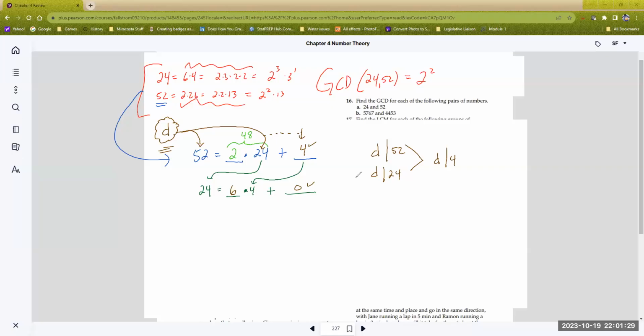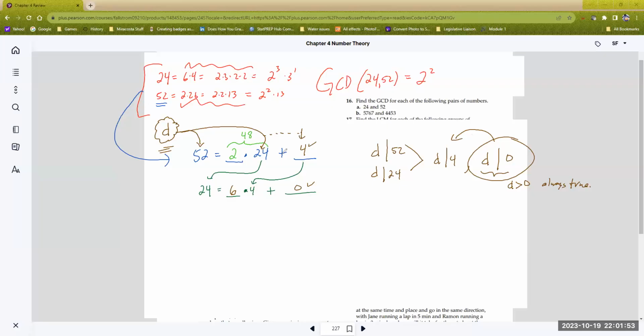And then our last little piece says, and by the way, your divisor also has to divide 0. But as long as our divisor is bigger than 0, this one at the end is always true. So if this one's always true, then you work your way backwards.